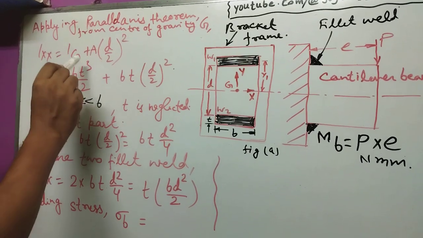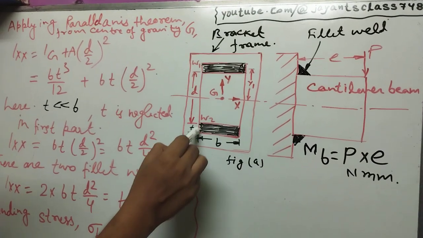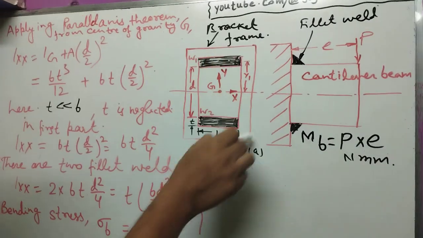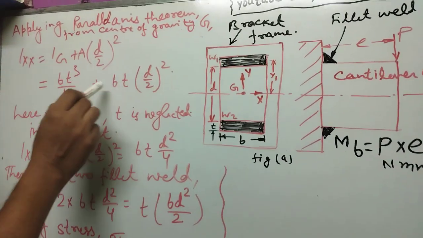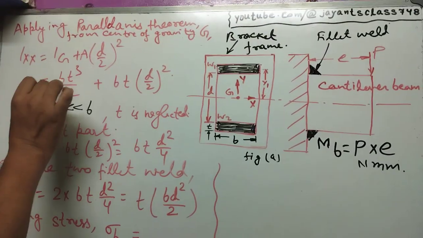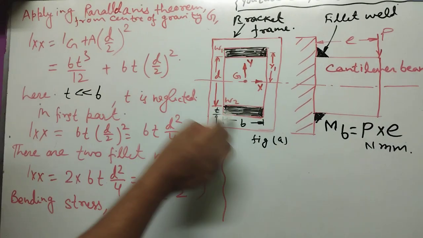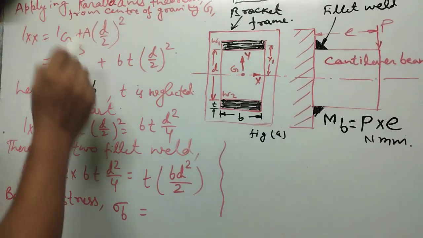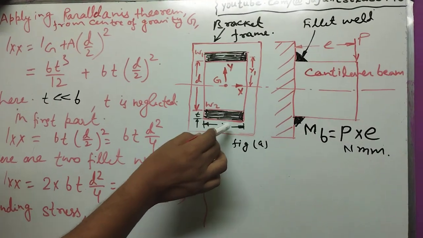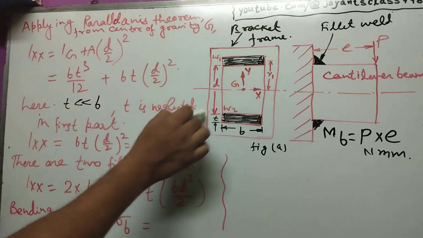IG equals B into T whole cube divided by 12, which is the moment of inertia of the rectangular cross section passing through the centroidal axis. The area is B into T, into D by 2 whole square. Here T is very small compared to the weld length B, therefore it is neglected.